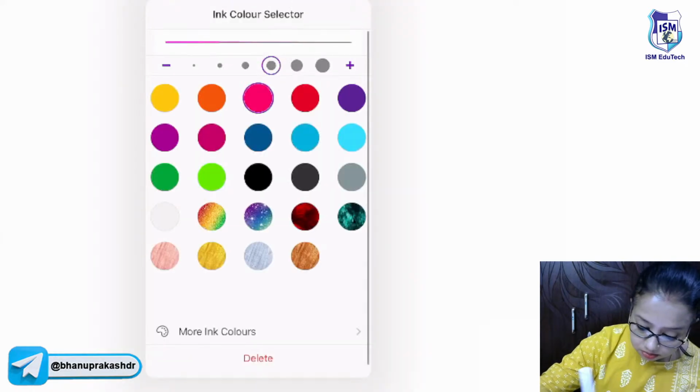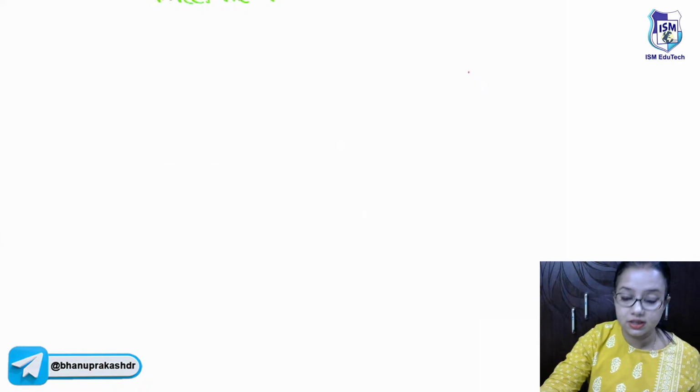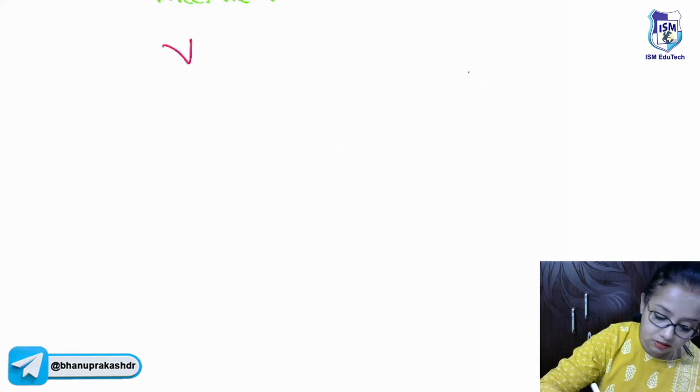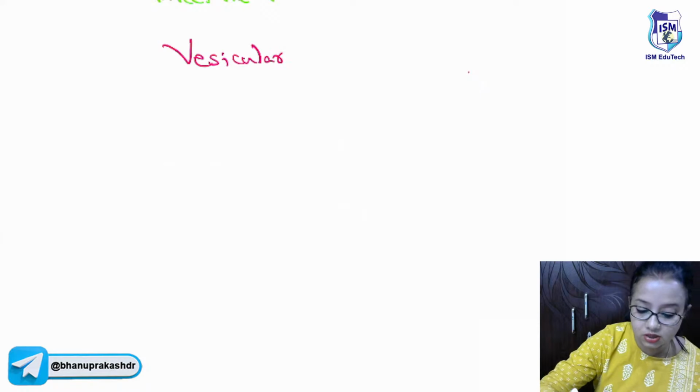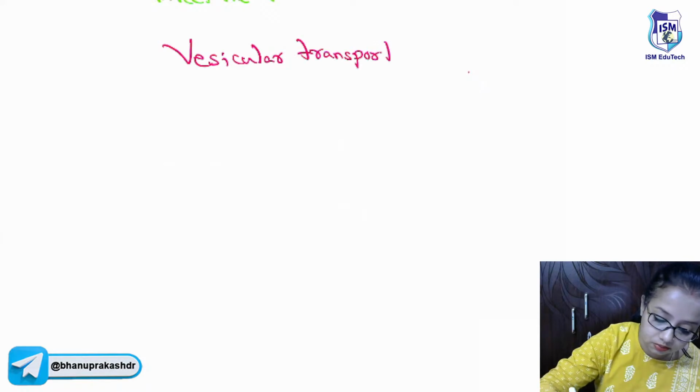Now we go on to the other type of active transport, besides secondary active transport and primary active transport, the third type of transport, which is the vesicular transport.